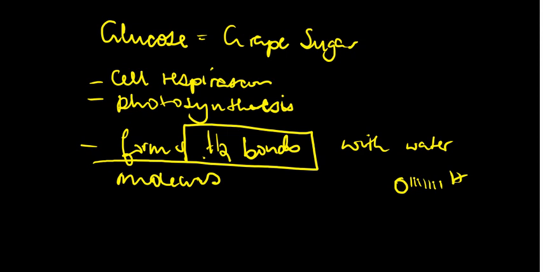So when you talk about the structure chain of glucose, you notice that it is an aldehyde. This is to tell you that it has a carbonyl on carbon number 1.